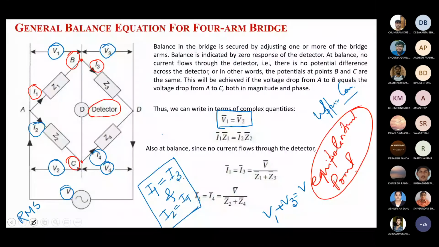That point we have already discussed. So V1 plus V3 equals V.